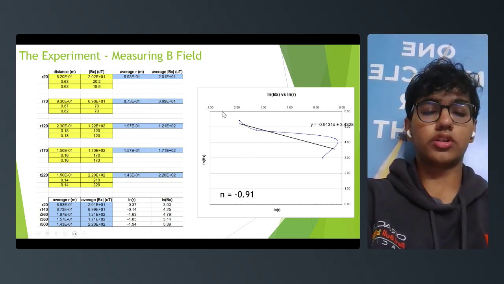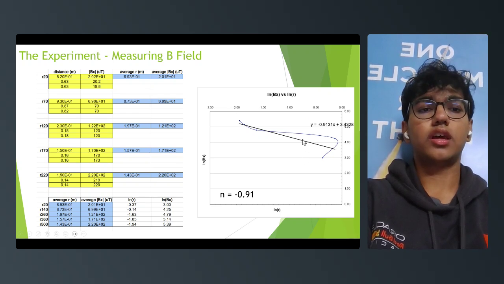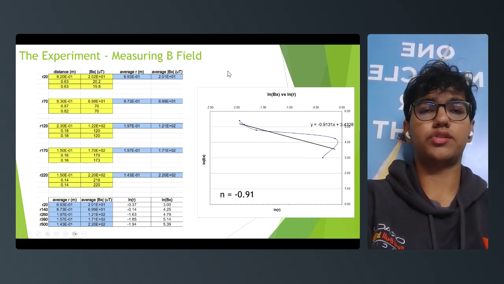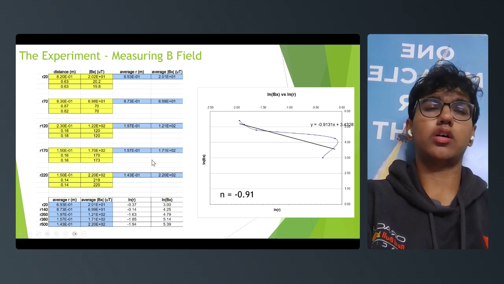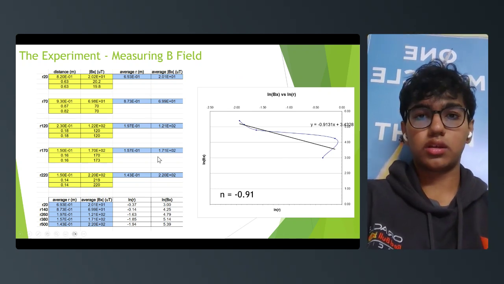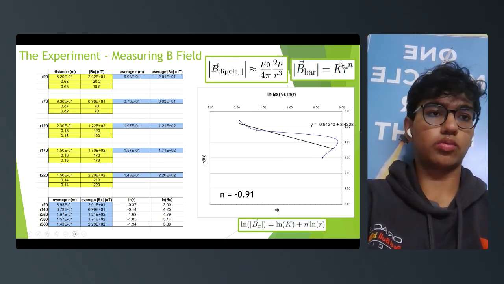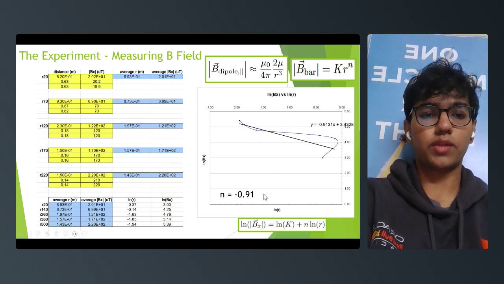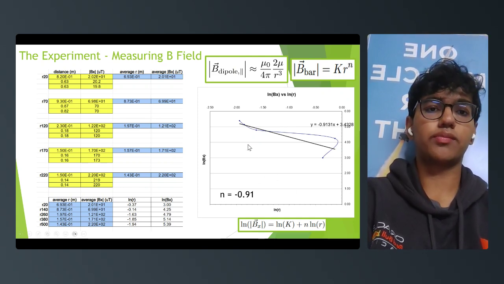The slope of this line, the line of best fit, is negative 0.931, which corresponds to n in the previous equation of the magnitude of a bar magnet. So the value of n in this expression would be negative 0.91, and this is the expression we used to get this graph.